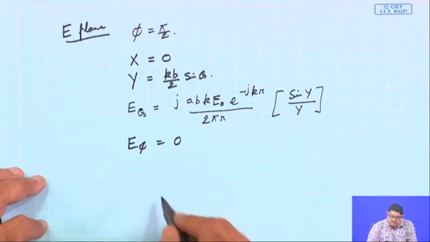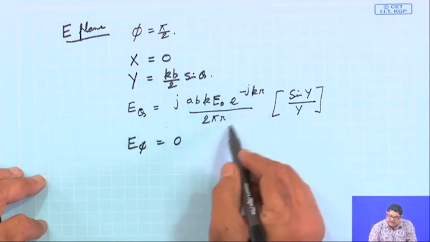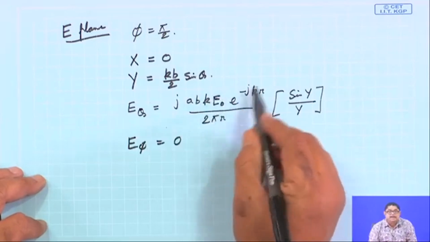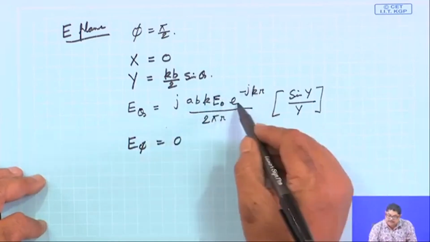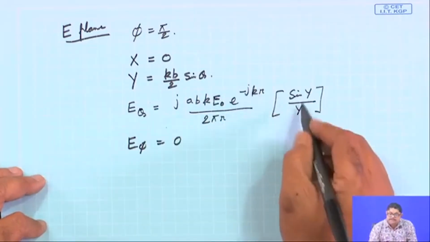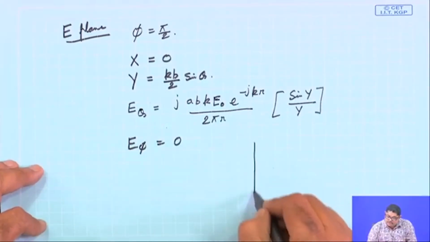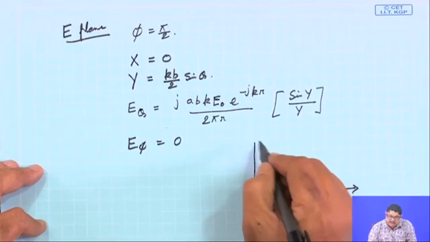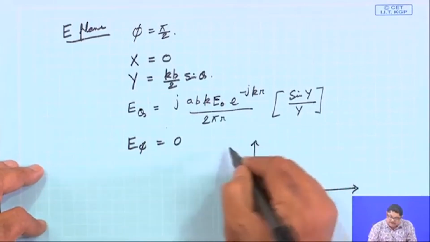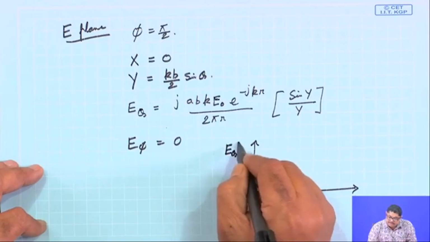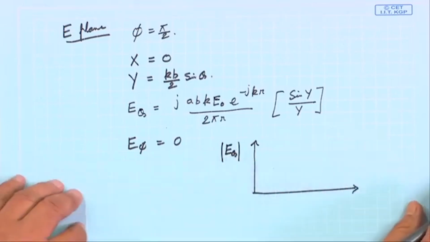The constant part goes if I take the magnitude and normalize, so basically it is a sinc Y. I can put the radiation pattern in the E plane; this is the field radiation pattern, and the power radiation pattern will be the square of this.